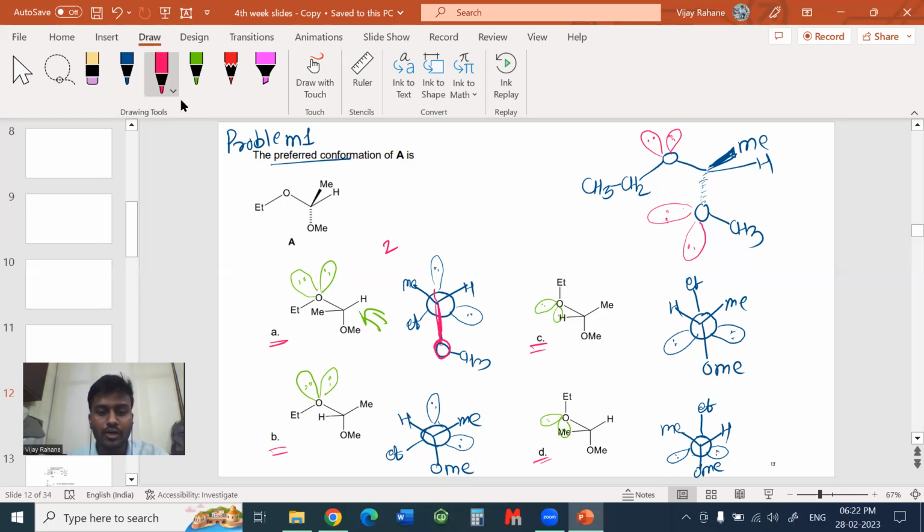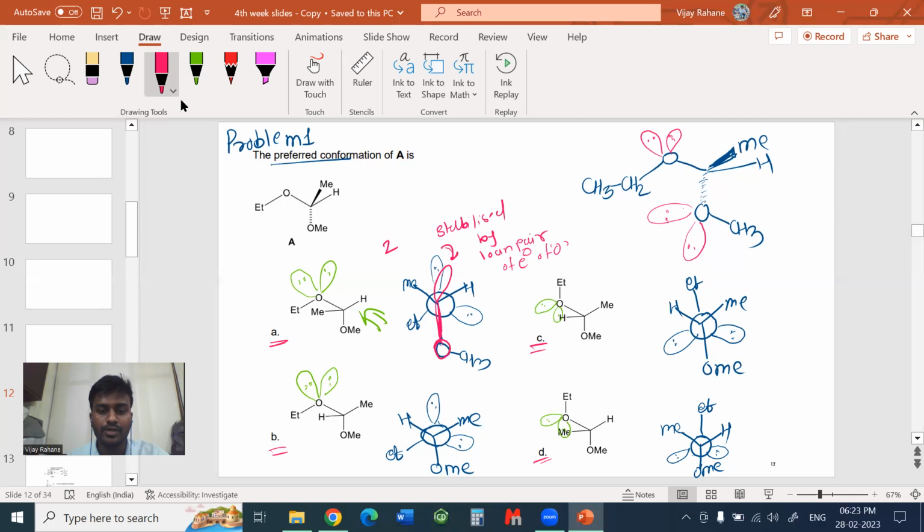So the anti-bonding orbital of this will be here, which has a vacant orbital, which gets stabilized by the lone pair of electrons, right, present on the oxygen.